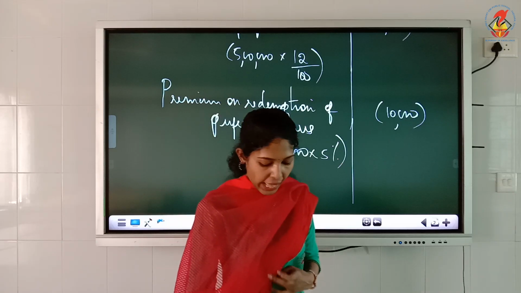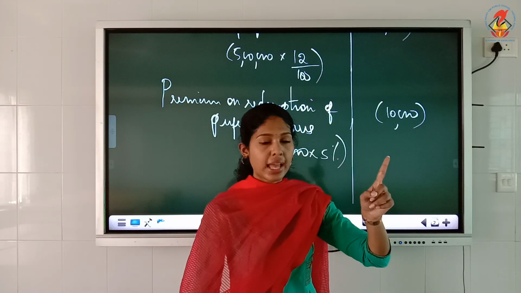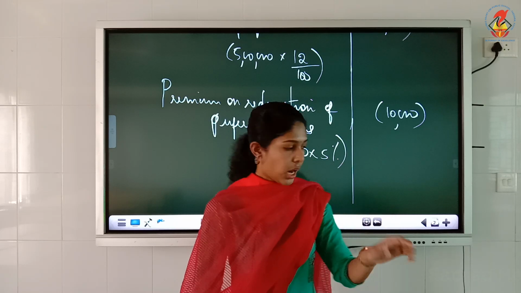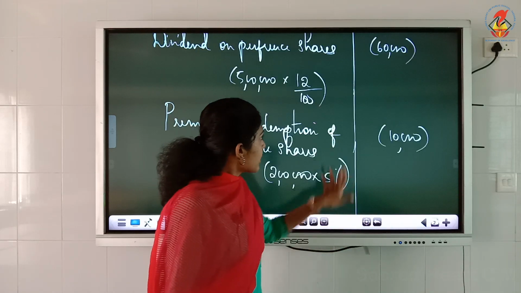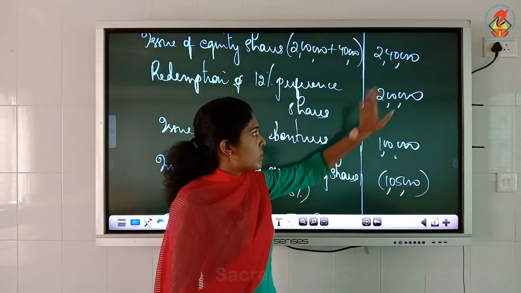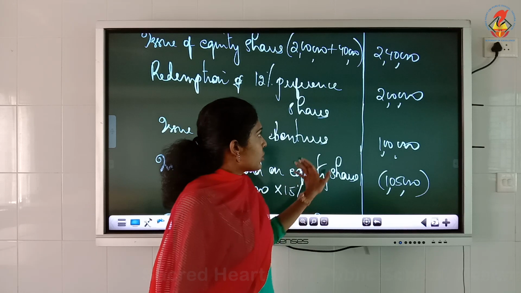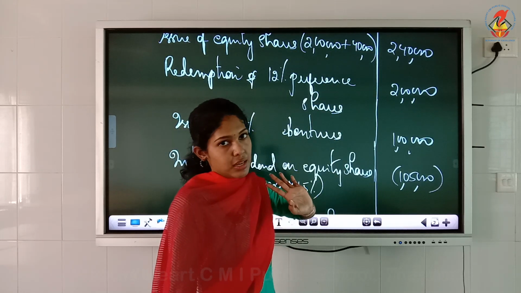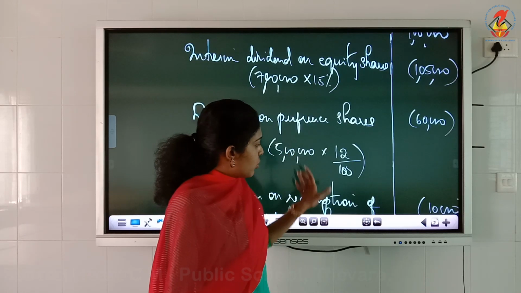Or else you can add this 10,000 with that 2 lakhs which we redeemed earlier. Understood? We have already written 2 lakhs, no? That time also I had told you, in your textbook they have added 10,000 with this redeemed value. That also you can do, just like we added this SPR. Okay? Both ways are correct.